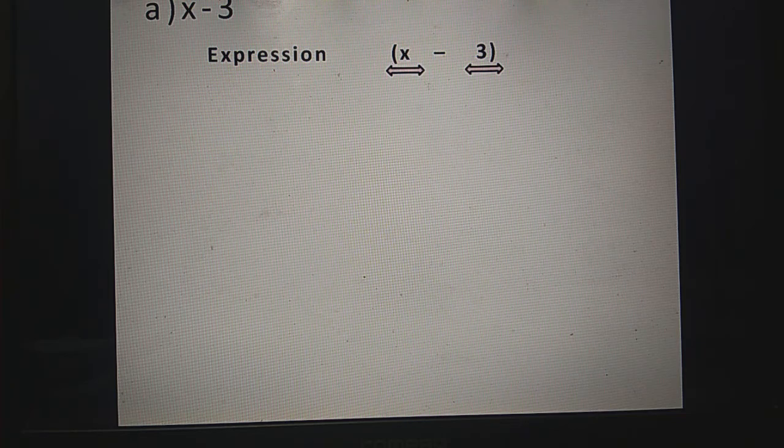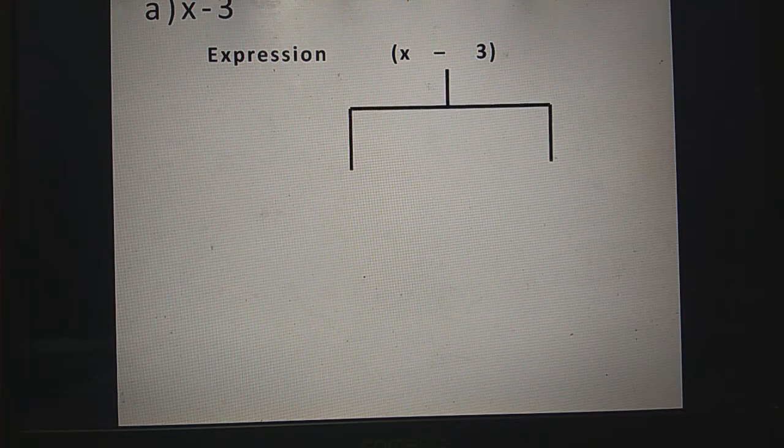Is it clear? So in the next level after expression you will draw lines for terms. How many lines? 2. So here you will specify terms. Your first term is x and second term is minus 3. Now you have to mention factors of each term. Now x, how can you obtain x?